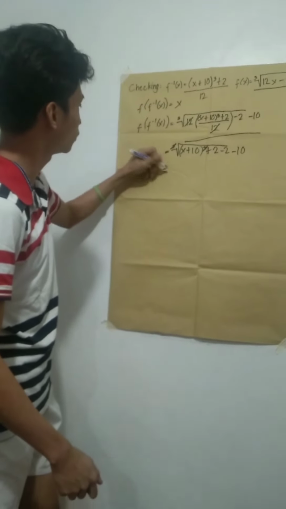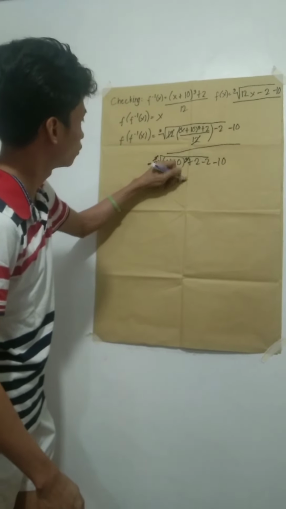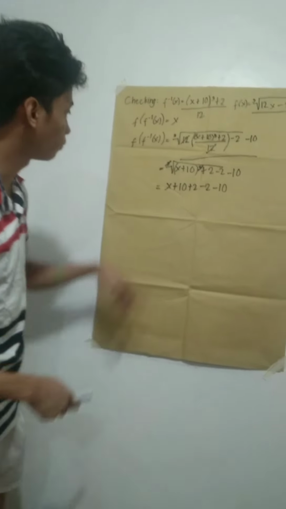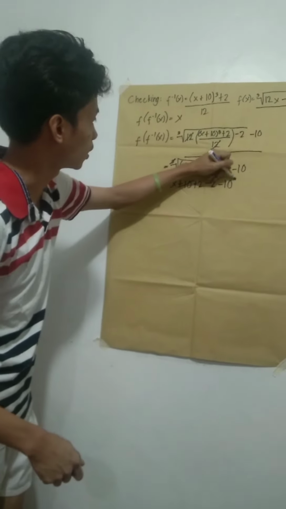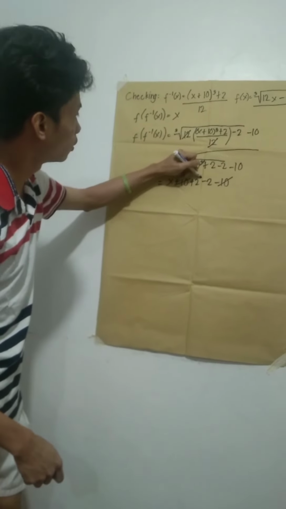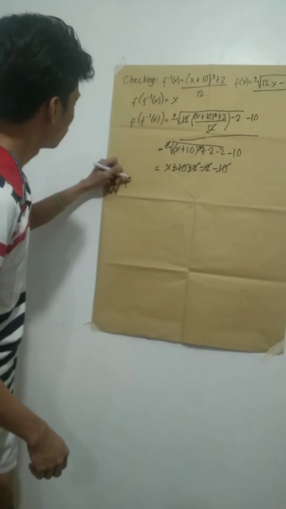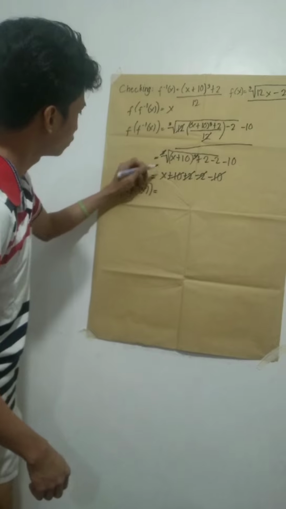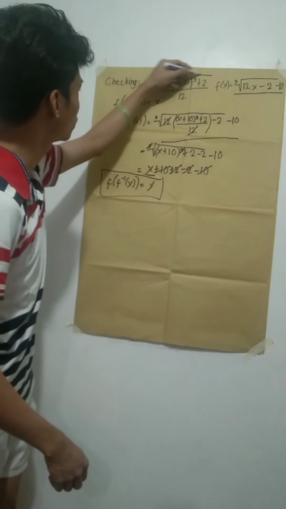So that is equal to x plus 10 plus 2 minus 2 minus 10. Now, plus 10 and minus 10 cancel. Next, 2 and negative 2 cancel. So f of f raised to negative 1 of x is equal to x. So the inverse of this one is correct.